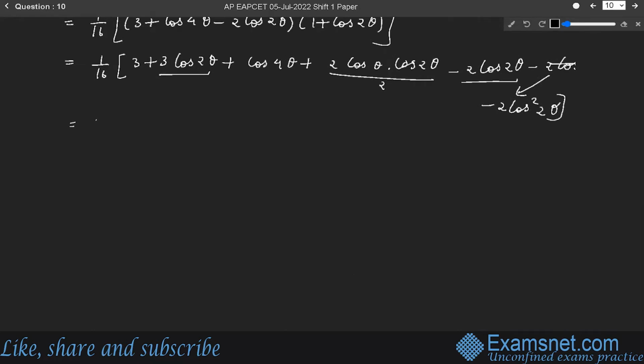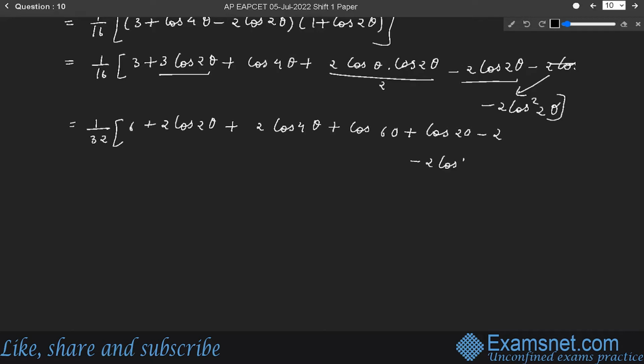So, it will be 1 by 32 into 6 plus 2 cos 2θ plus 2 cos 4θ plus cos 6θ plus cos 2θ minus 2 cos 4θ. On further solving, it will be 1 by 32 into 4 plus 3 cos 2θ plus cos 6θ.